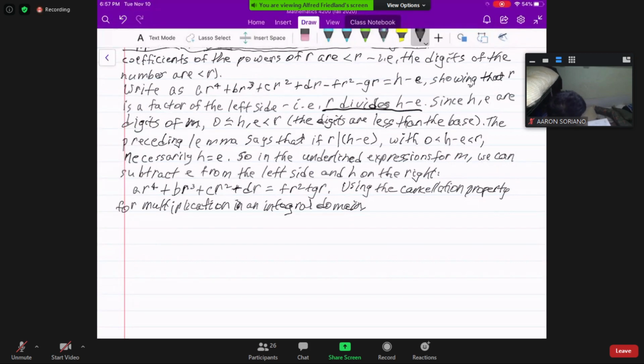So in elementary algebra, okay, you divide both sides by R, which is what I'm doing. But what is the basis for that?